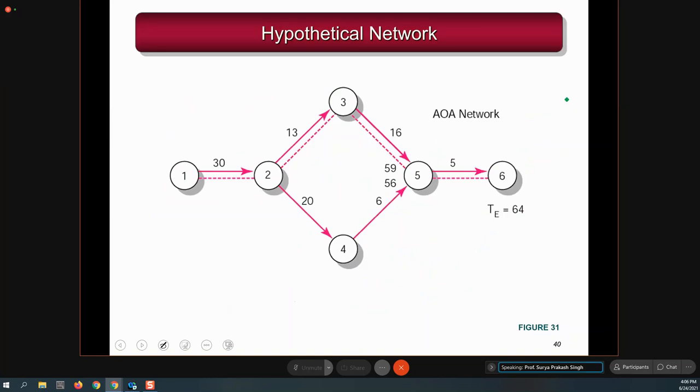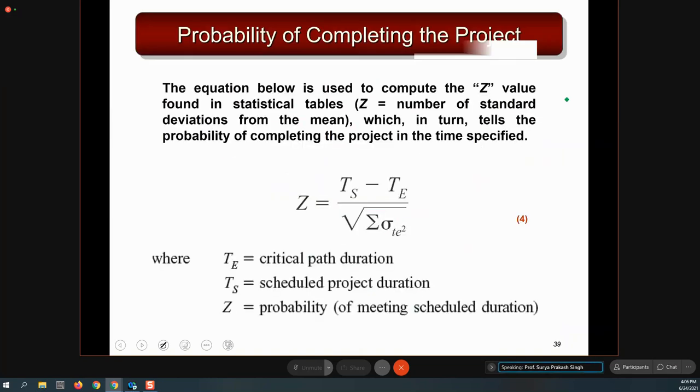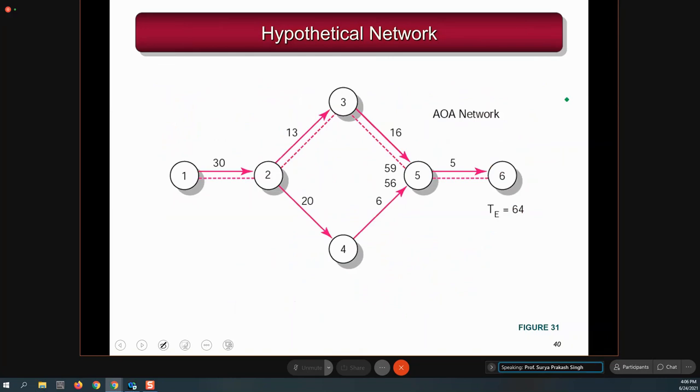And now what will happen? If you draw this diagram using activity on arrow, you will get this project network diagram like 1-2, 2-3, 2-4, 3-5, 4-5, and so on. You can calculate from the time estimates 30, 13, 12.